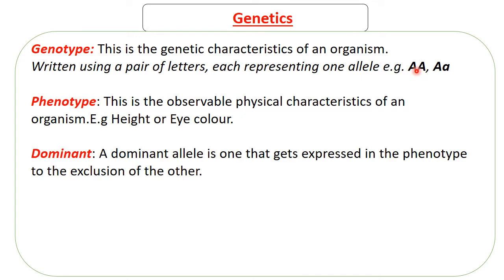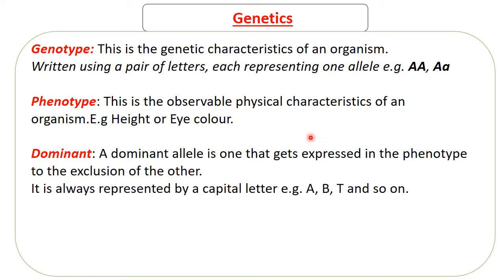Another interesting term is dominant. A dominant allele is one that gets expressed in the phenotype to the exclusion of the other. So we go back to this part here. There are two types of alleles. One is called a dominant, the other is called a recessive. Maybe we define a recessive before I explain further. The dominant is always represented by a capital letter, for example A, B, T, and so on.